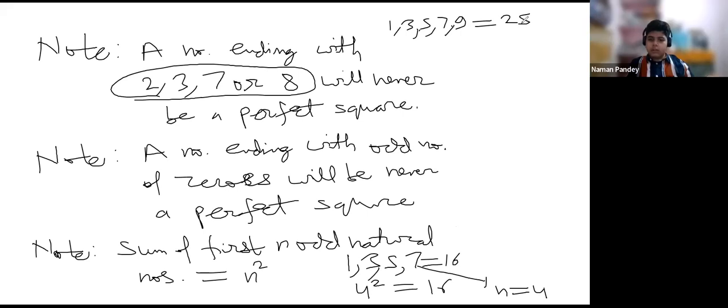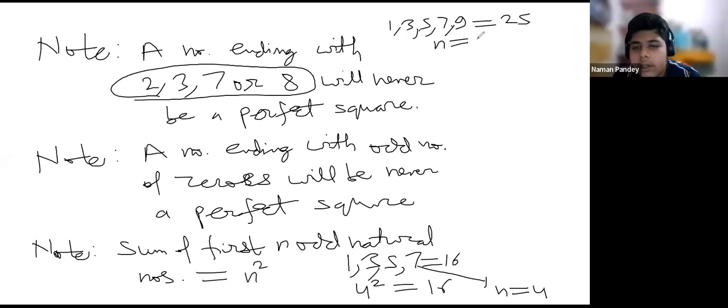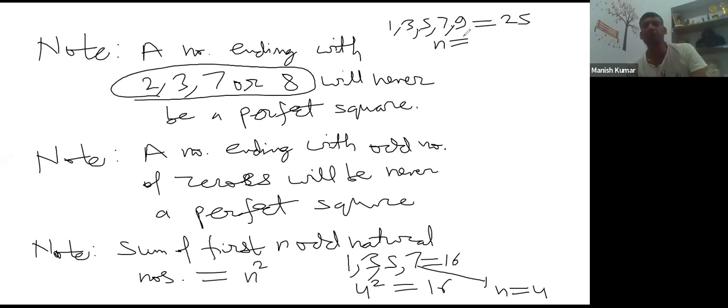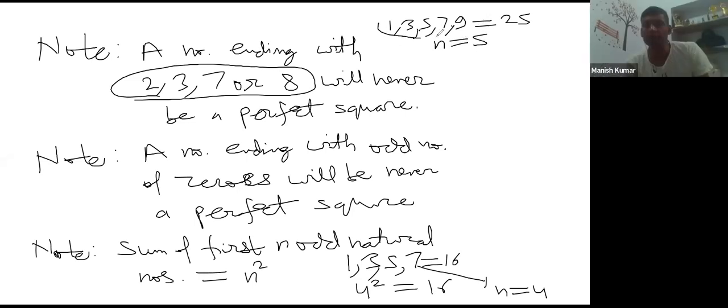So we get 5 square. So n is equal to what here? Nimisha, what is n here? 5, sir. n is the number of numbers we are taking. Here 5 numbers are being taken, and earlier 4 numbers were taken.